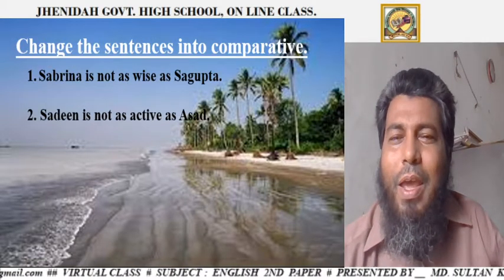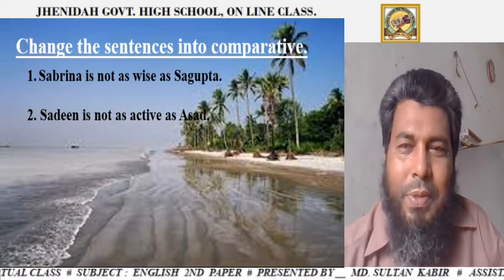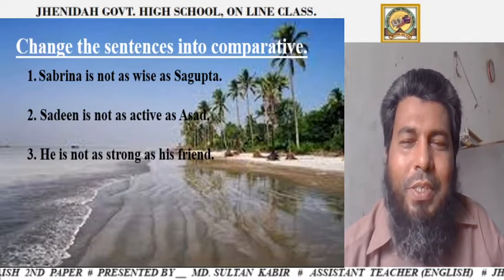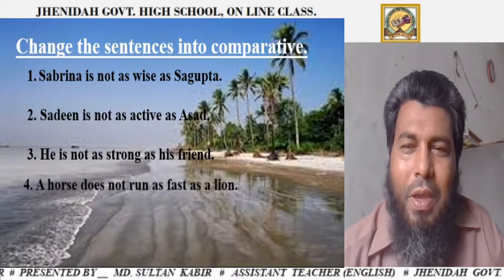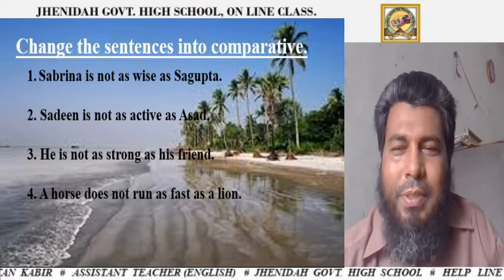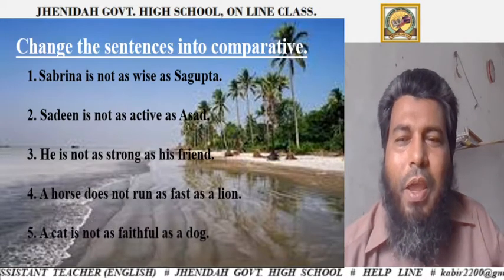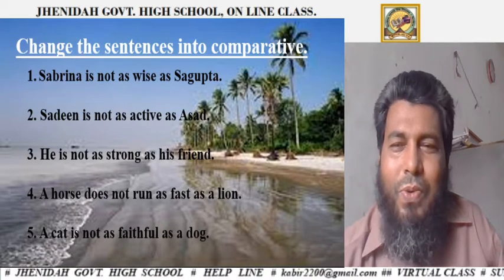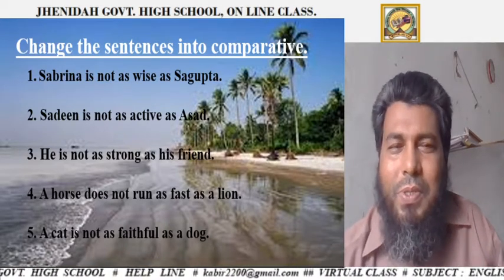Shadhin is not as active as Asad. He is not as strong as his friend. A horse does not run as fast as a lion. A cat is not as faithful as a dog. So now change all the 5 sentences into comparative.